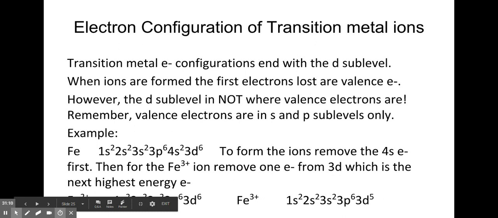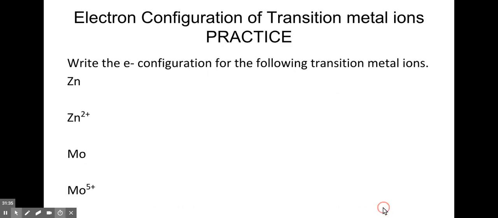The iron 3+ ion has not only the two 4s electrons removed, but it's also got the third electron coming from the next highest energy level, which is not valence per se. It's not an s or a p, but this is where we start removing the d sublevel electrons. And so we get this configuration for the iron 3+ ion.